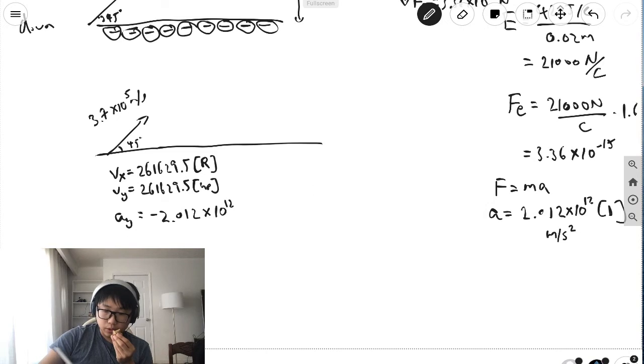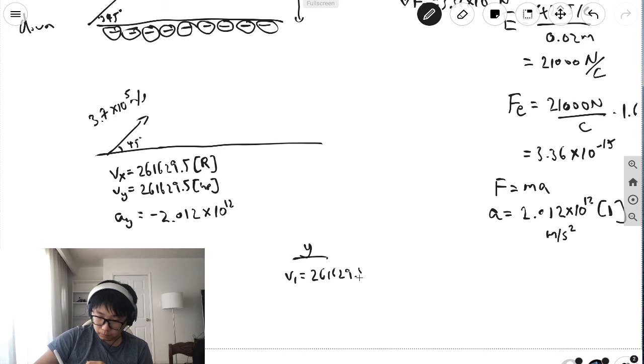So again, I can split that into x direction and y direction. So for the y, we have the v1. V2 for the highest height is going to be 0, right? Acceleration is minus 2.012 times 10 to the 12.